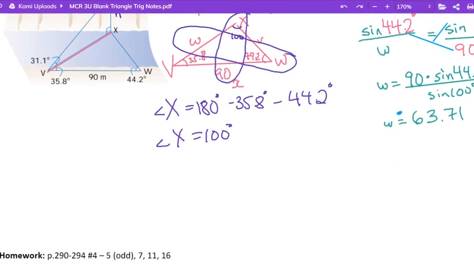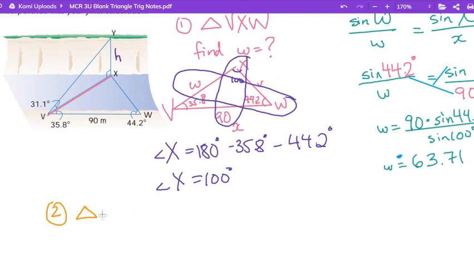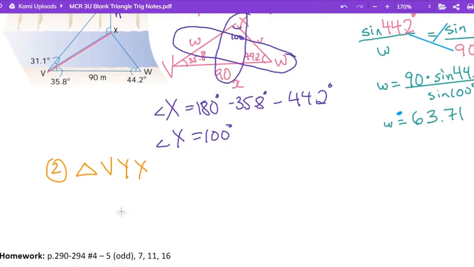So now we can move on to the next triangle. Let's choose a nice, I'll do orange. So step 2, we're going to work in triangle VYX. Could I have called it XVY? Yeah, sure. So in this triangle, let's draw it out.